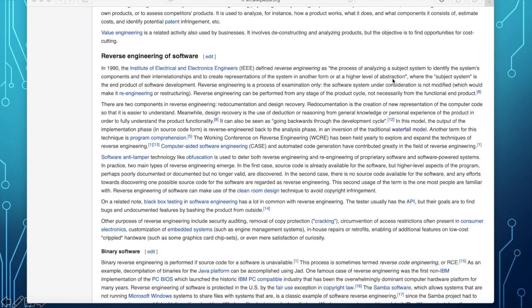We're trying to get the high level design, low level design, and the detailed design. Now, another important reason for reverse engineering is, what if the SRS is missing? What if we don't know what functions this software is doing?